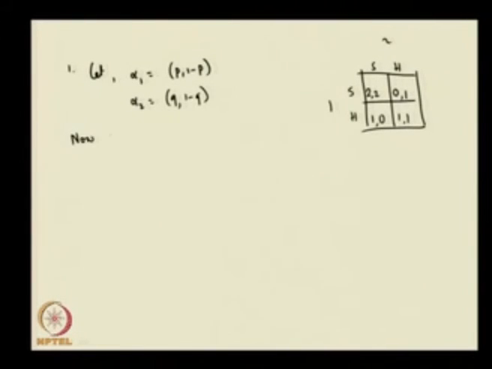Now, the expected payoff to player 1, if she plays S and the other player is playing alpha 2, is given by 2 multiplied by q, and the expected payoff to player 1 if she plays H is given by this, which is equal to 1.